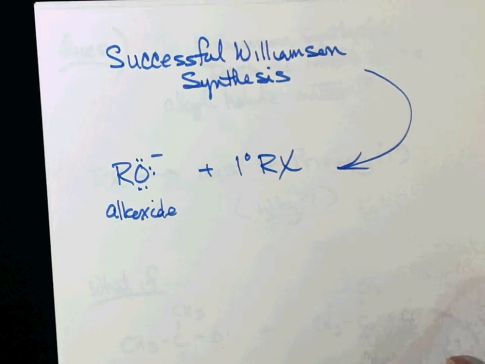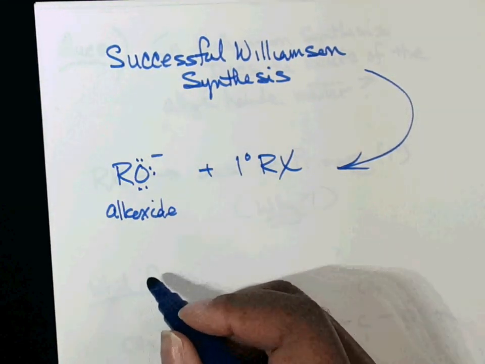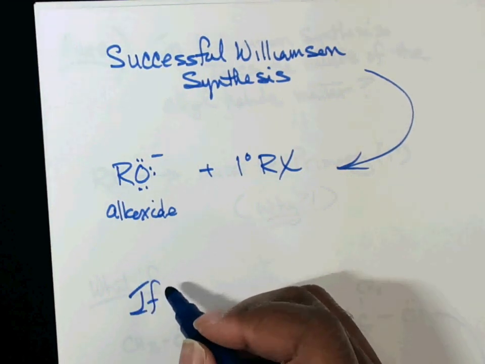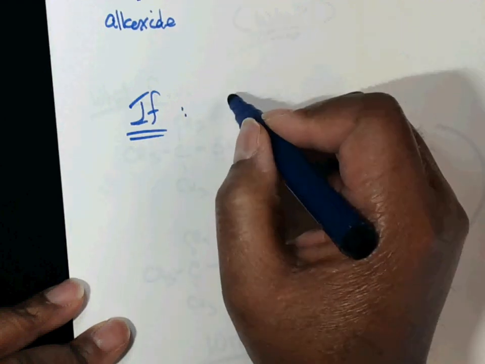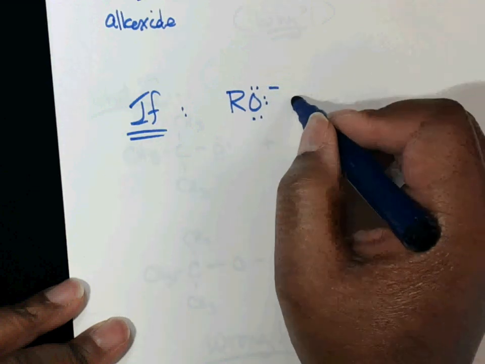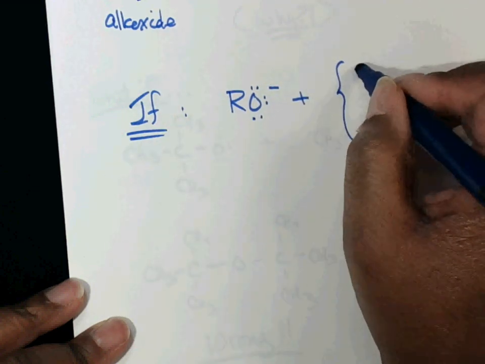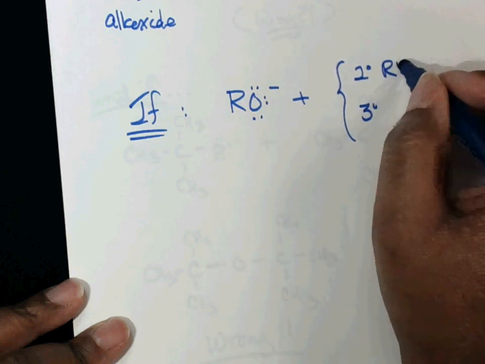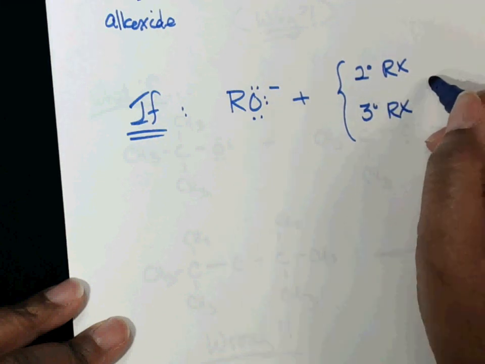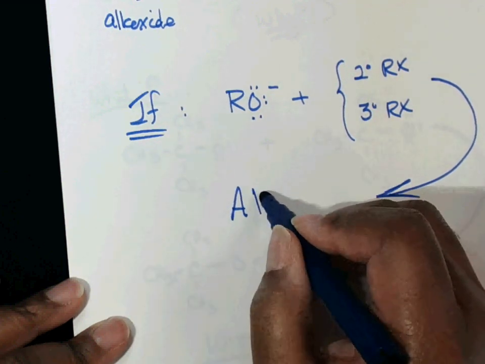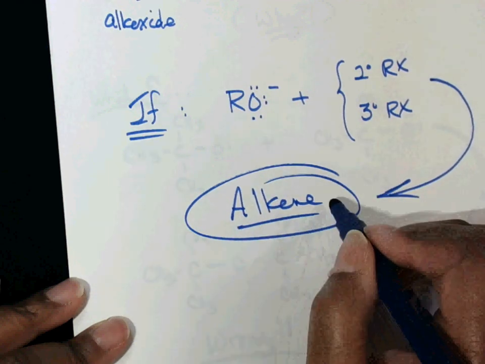Okay? If instead the alkoxide reacts with either a secondary or tertiary alkyl halide, you'll get an alkene.